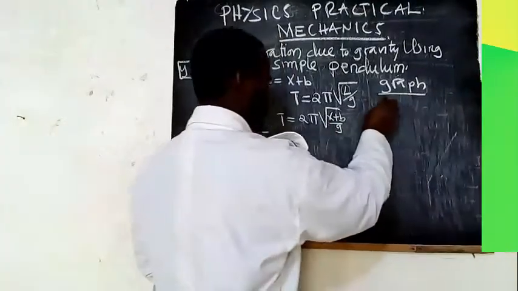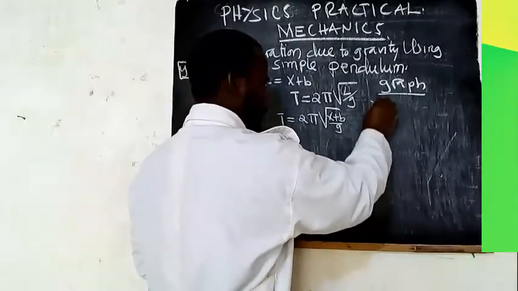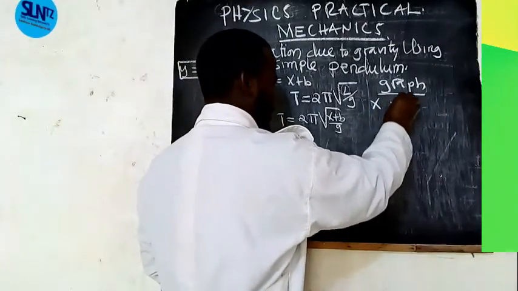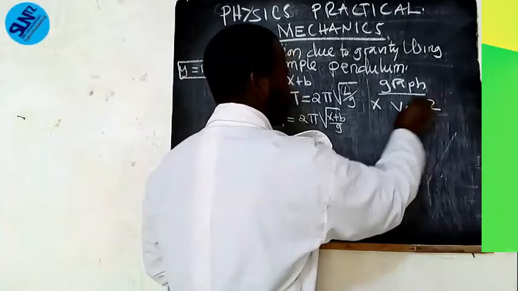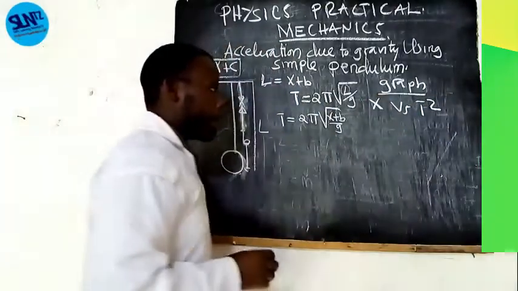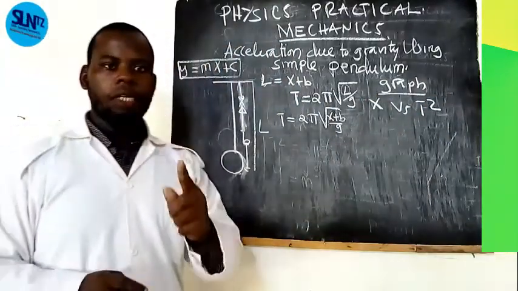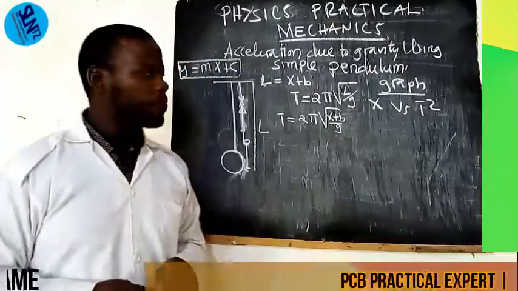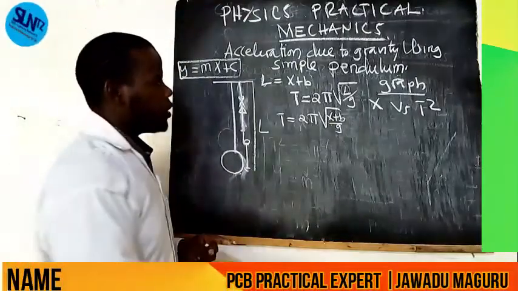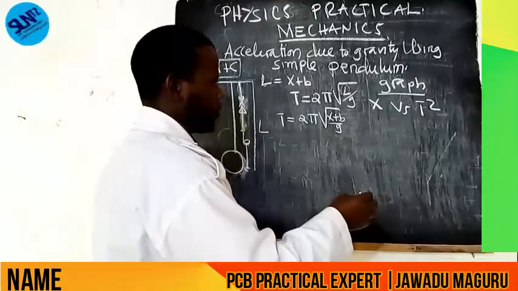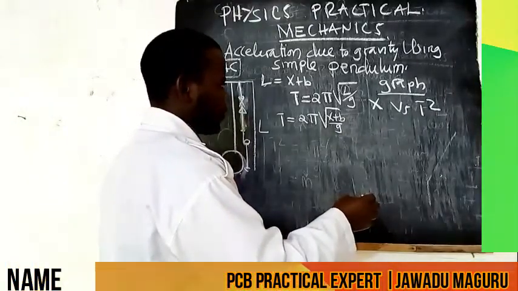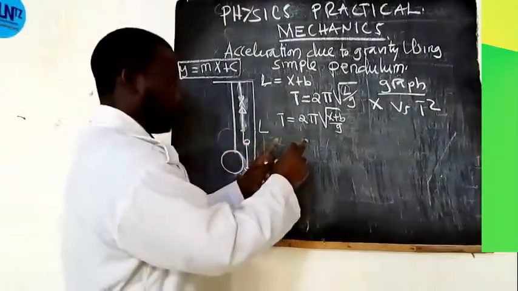Let's say x against t square. What will be the nature of the graph?